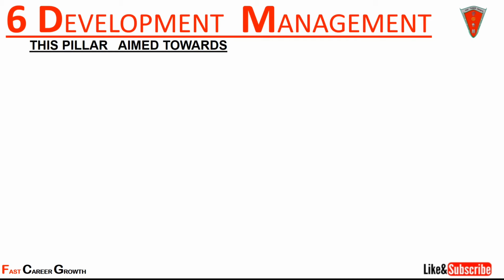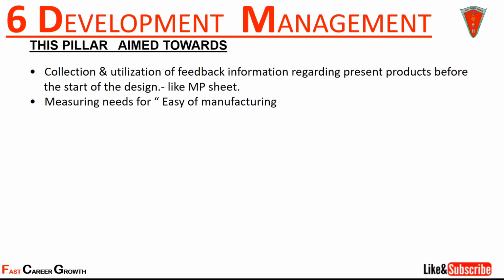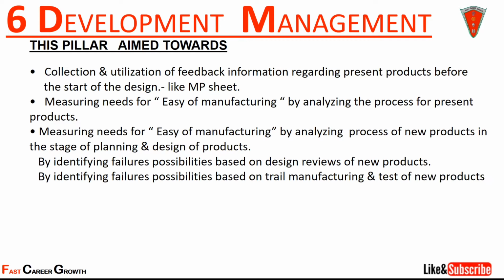This pillar aims towards collection and utilization of feedback information regarding present products before the start of design, like MP sheets, measuring needs for ease of manufacturing by analyzing the process for present products, measuring needs for easy manufacturing by analyzing the process of new products in the stage of planning and design, identifying failure possibilities based on design reviews of new products, and by identifying failure possibilities based on trial manufacturing and tests on new products.